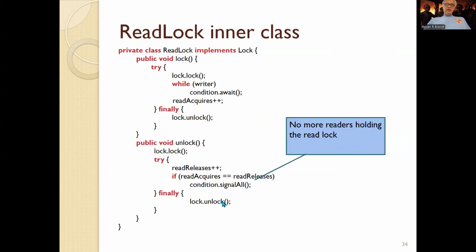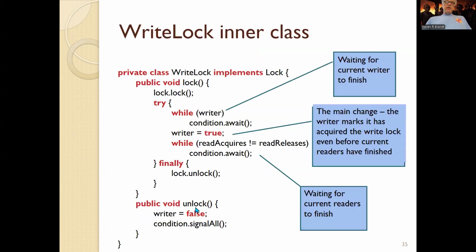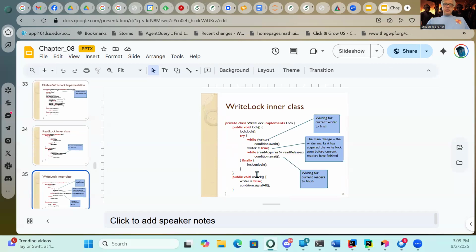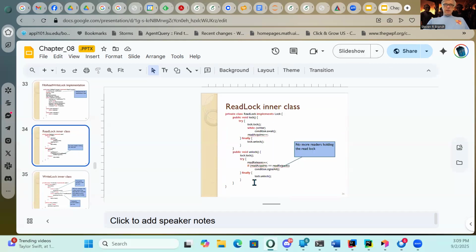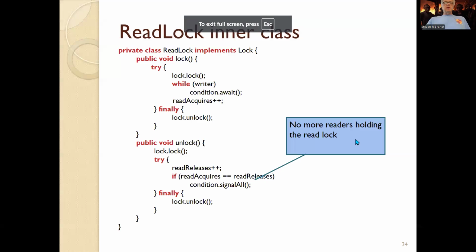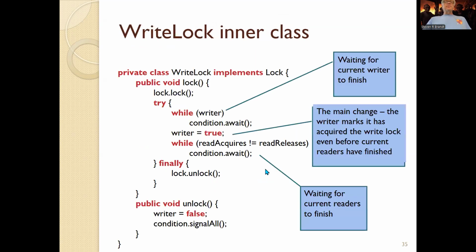Let me go back and fix that indentation. There. All right. Okay, so then I do my read releases, and if my read acquires equals my read releases, then I signal all.